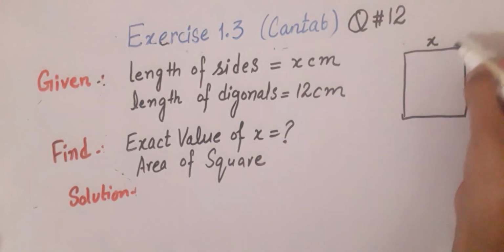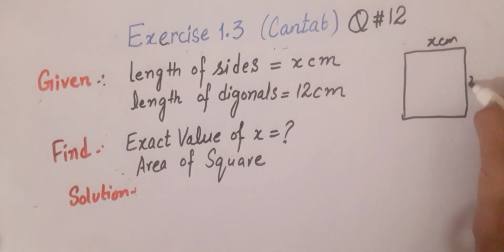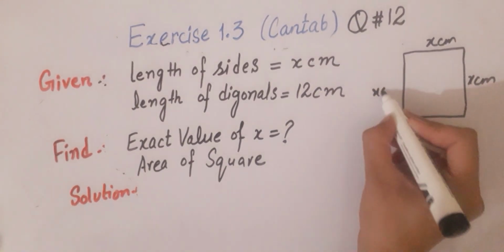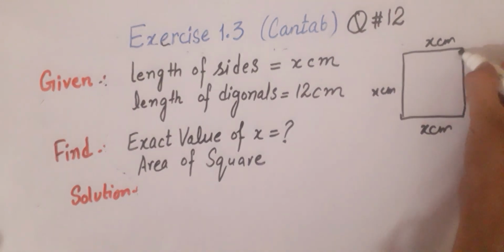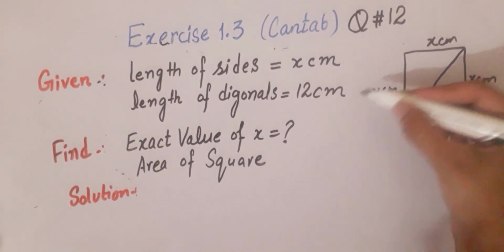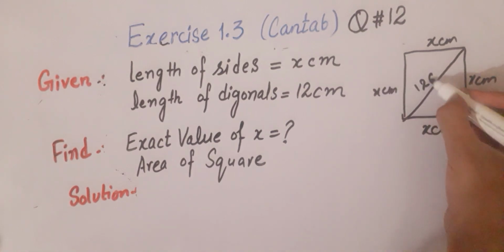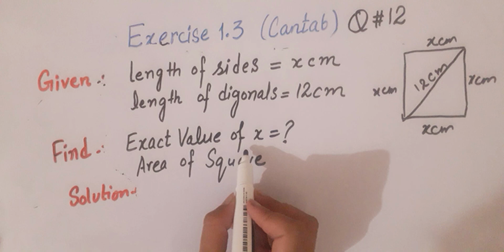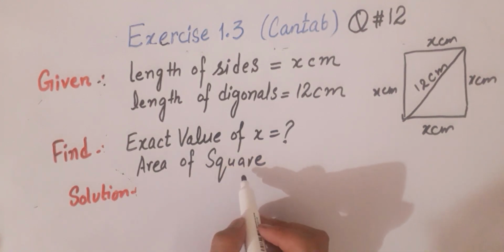All sides are equal to x centimeter. This is given. And the length of the diagonal is, this is the diagonal, and length of this is 12 centimeter. We have to find the exact value of x and the area of the square.